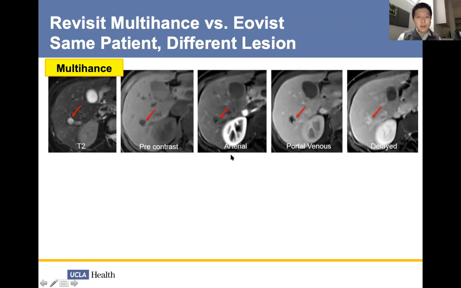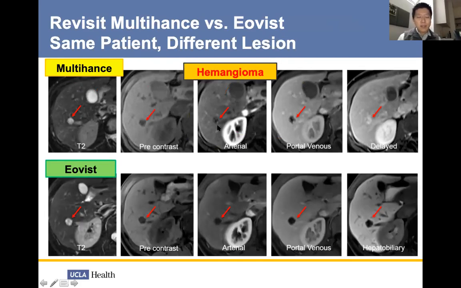And then here is another one. We have this peripheral discontinuous nodular enhancement that's classic for hemangioma, but with the Eovist, you could see that it's pretty much dark on all of these phases. So it can be a kind of a diagnostic dilemma sometimes.